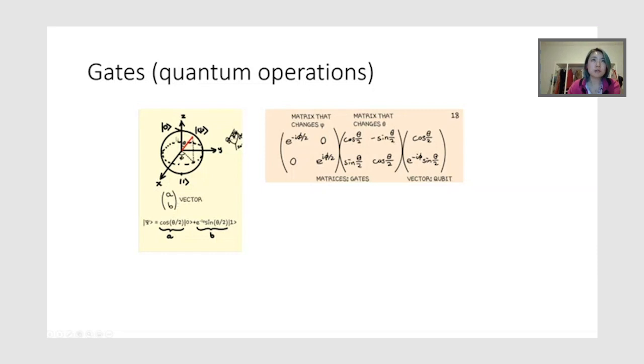Anywhere on this sphere, we can describe it with angles theta and phi. The angle then tells us the amplitude of each state, how much of 0 is in there and how much of 1 is there. And 0 and 1, the two states in superposition, are in special locations on the poles.